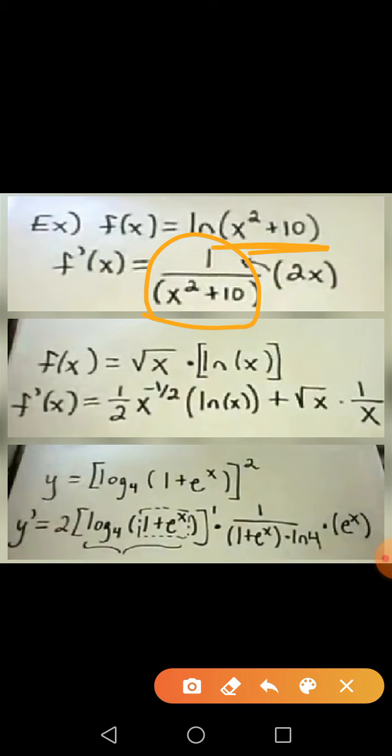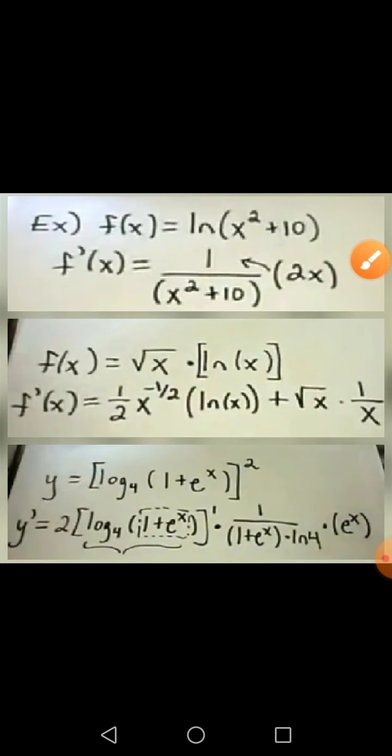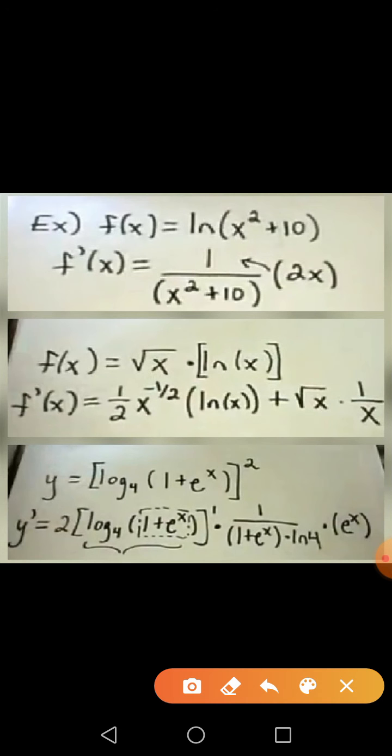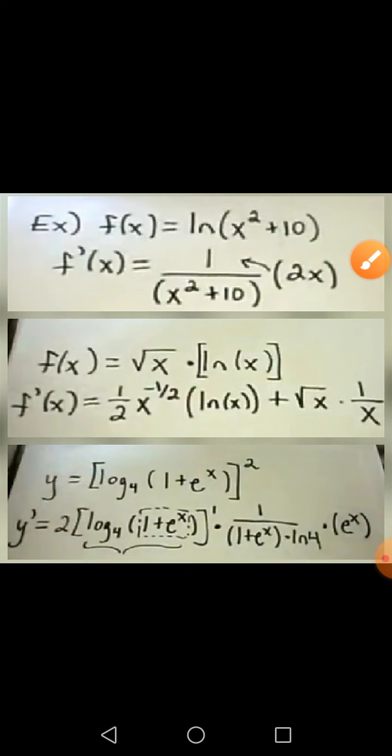Okay, what about here? Product rule, right? I have here square root x multiplied by ln x. What will you do? I will take this one multiplied by the derivative of the other, plus the other multiplied by the derivative of this one. Product rule: the original function multiplied by the derivative of the other, plus the original function of the other multiplied by the derivative of the first. You got the concept here?